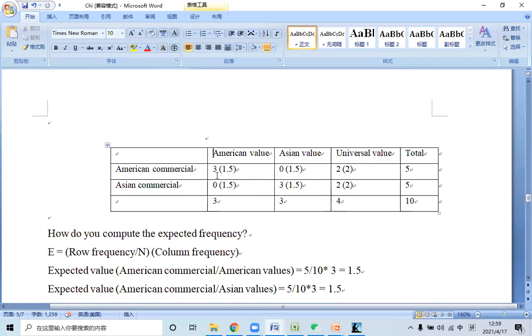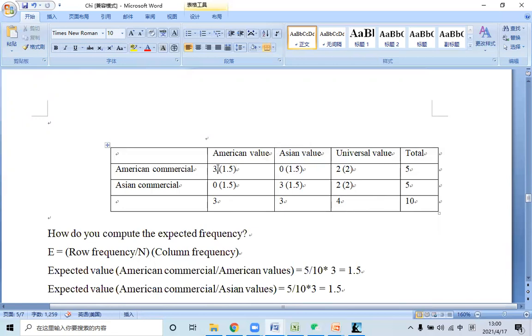Here, this is a frequency table. American commercials expressing American values, Asian values, universal values. Asian commercials expressing American values, Asian values, universal values. And you need to find the observed value and expected value.